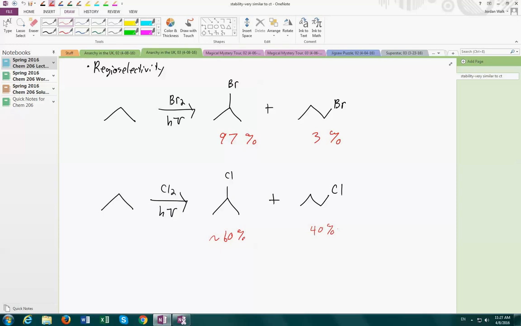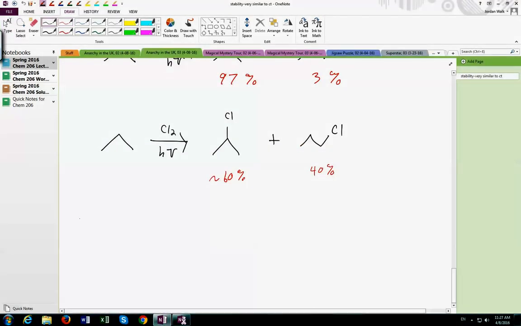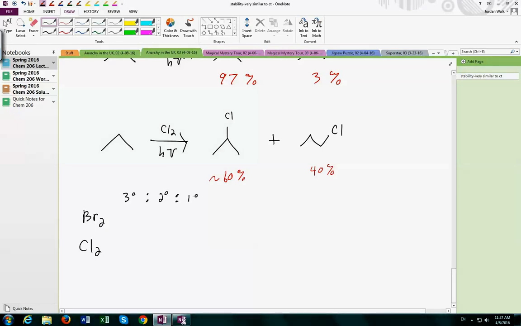And in fact, what we can do is we can come up with a very general ratio of the products that we see. So if we have bromine and we have chlorine, and so we talk about the ratio between a tertiary, a secondary, and a primary, what we see is that ratio for bromine is very good.